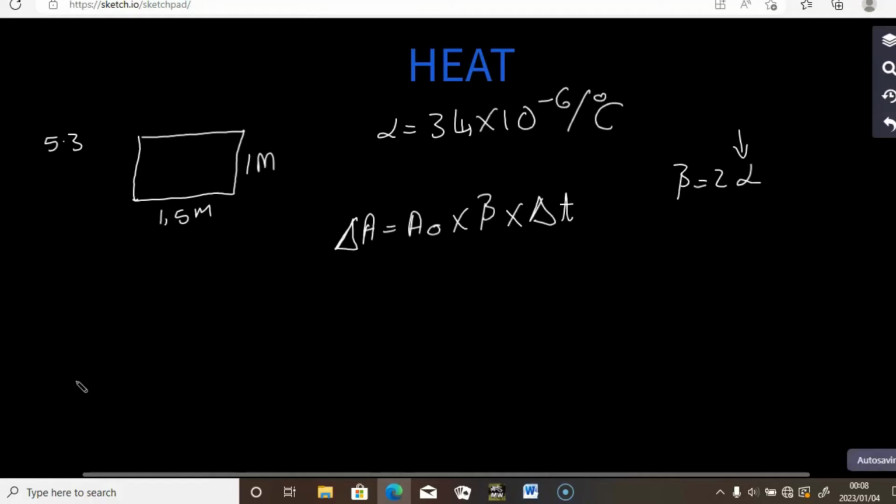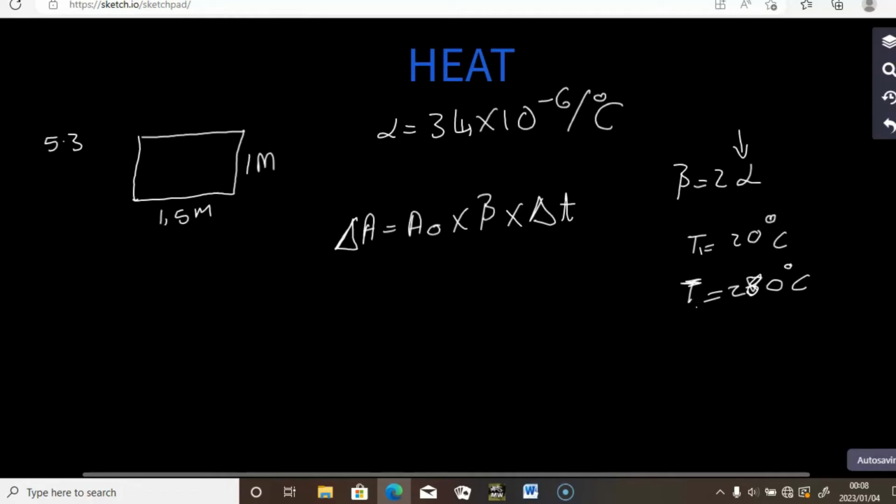And the temperature difference, we are told that its temperature increases from T1, which is 20 degrees Celsius, to T2, which is 280 degrees Celsius.